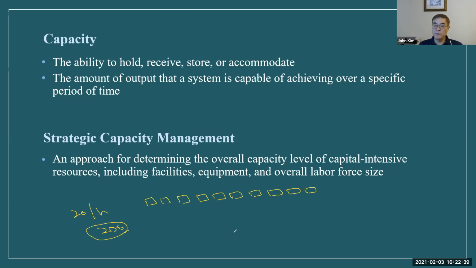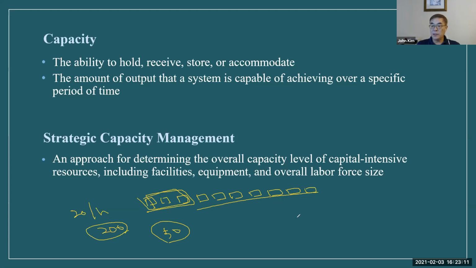But if this store's customer size per hour is, let's say, only 50, then this store needs only 2.5, or 3, open to handle 50. What about the other 7? Kind of waste. That means cost.